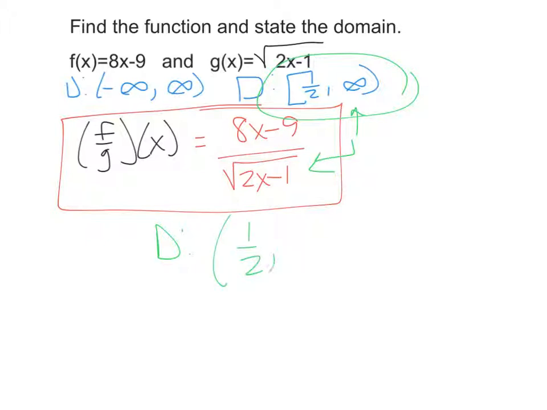You have a parenthesis from 1/2 to infinity. Because if it was in the numerator, such as every other problem we've been doing, it's no big deal. But in the denominator, 1/2 cannot be a solution because that is the value that makes it 0. So you can't have a 0 in the denominator. So this is kind of like a double whammy for domain. So there it is. Not too bad, right? Cool.